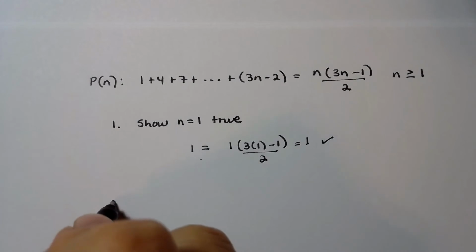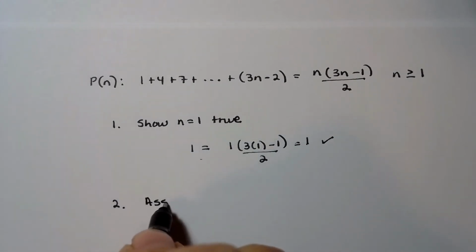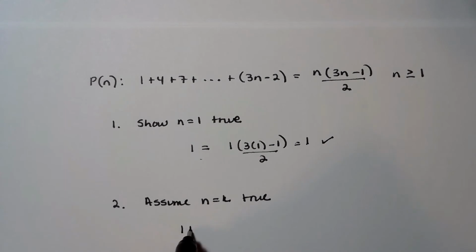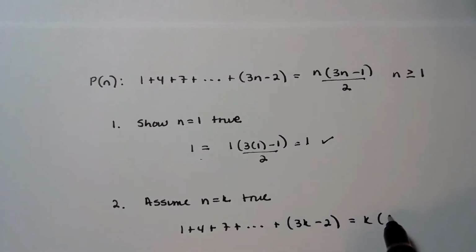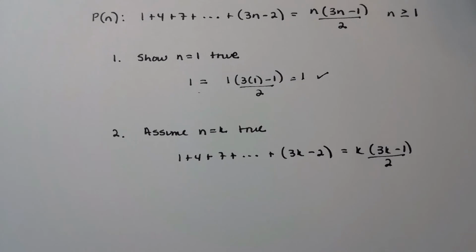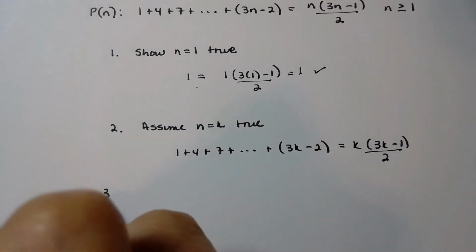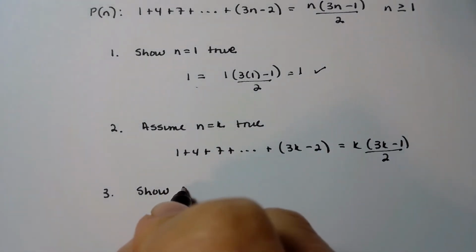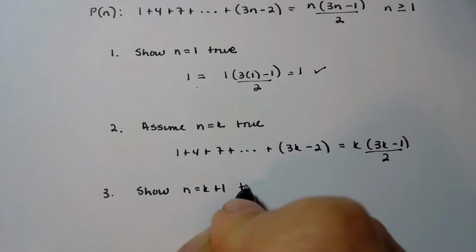The next one I'm going to write is assume n equals k is true. So I'm going to have 1 plus 4 plus 7 plus dot dot dot plus 3k minus 2 is equal to k times 3k minus 1 over 2. Then I'm going to show my inductive hypothesis that n equals k plus 1 is true.